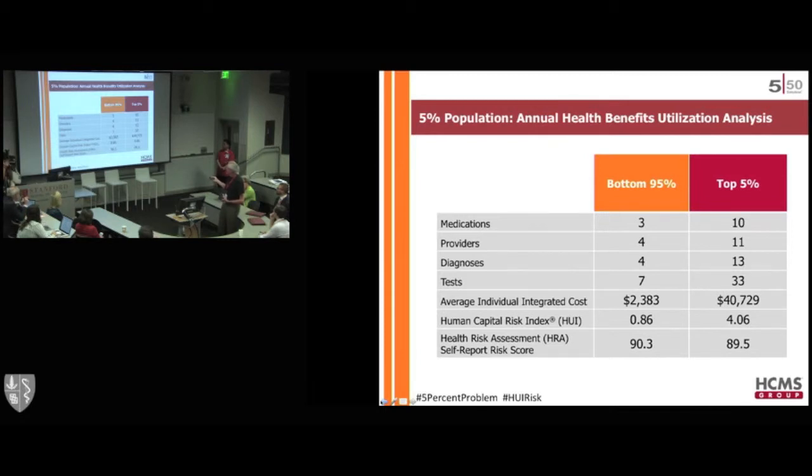Now, look at the next to the last line here. This HUI predictive risk index is very different for the 5% as it is for the 95%. Look at the last line, which is self-report health risk assessment information.